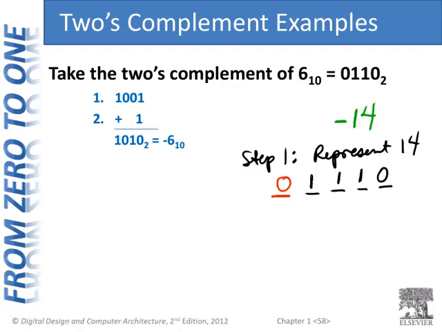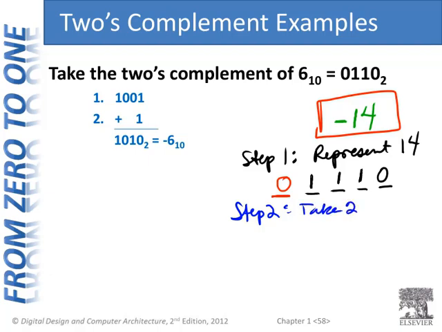Okay, so again, the goal is to write minus 14 in 2's complement. I'm not there yet. First I represented plus 14, so just the magnitude. And now step 2 is to take the 2's complement of 14. That process allows me to flip the sign of plus 14 to turn it into the 2's complement representation of minus 14.